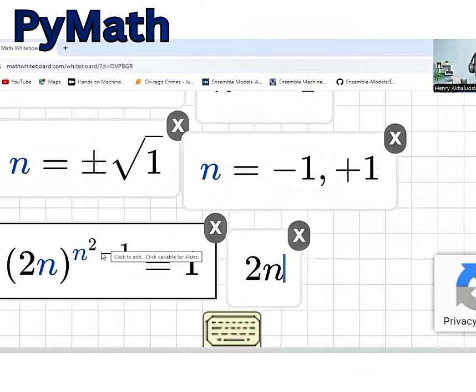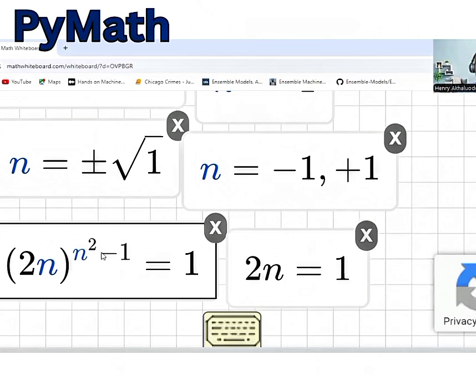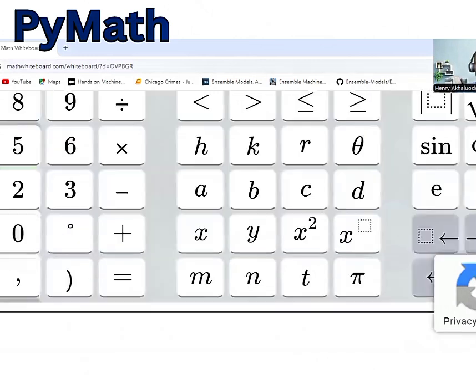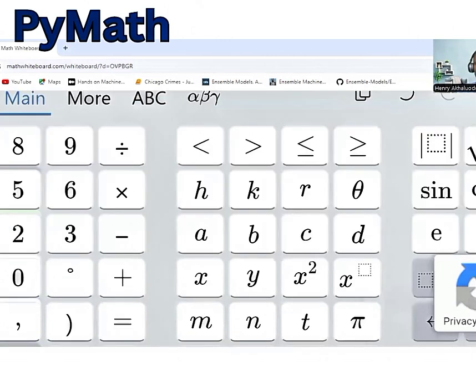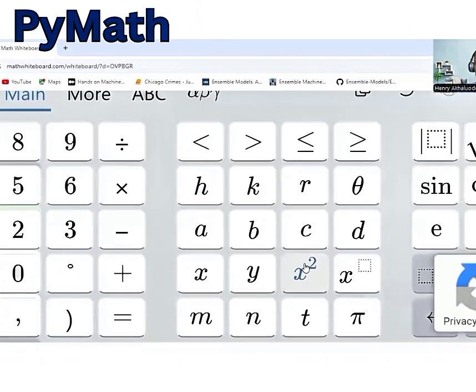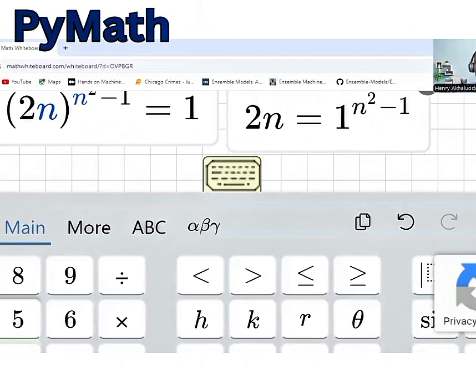So that's the idea. So this equals 1, that equals 1 to the power of n squared minus 1.